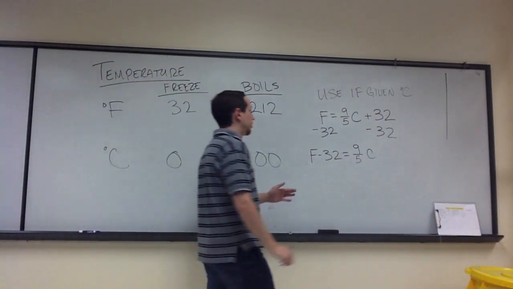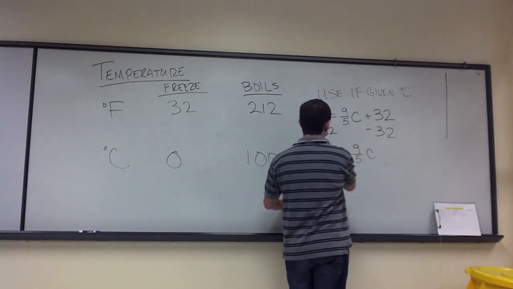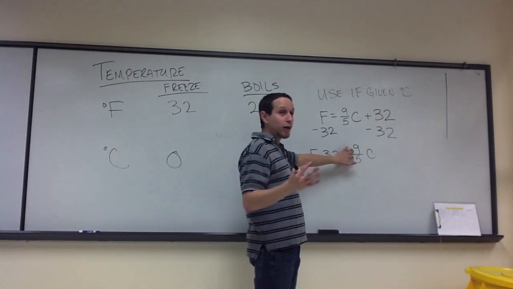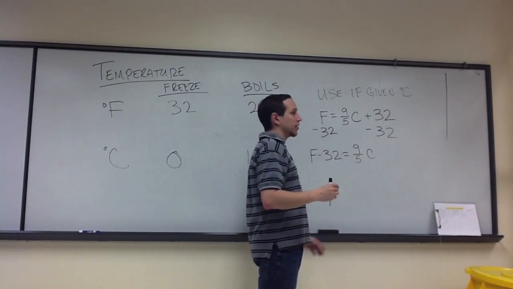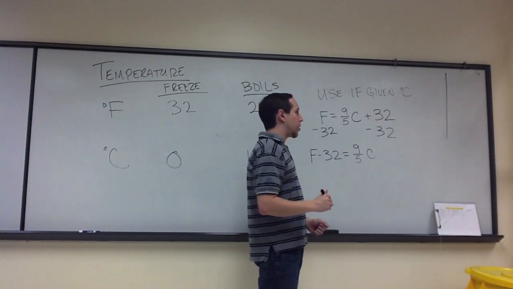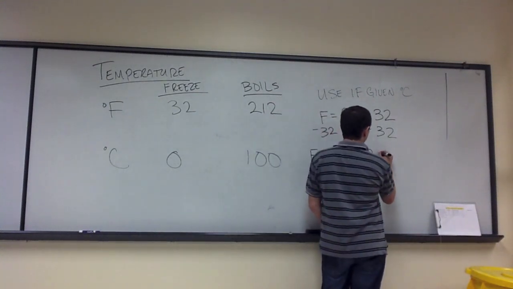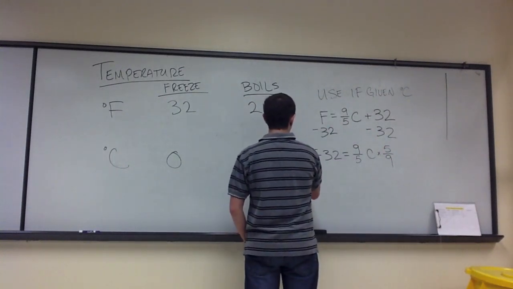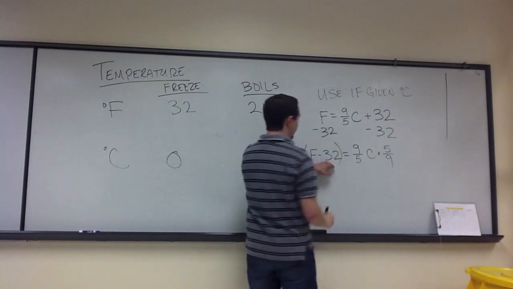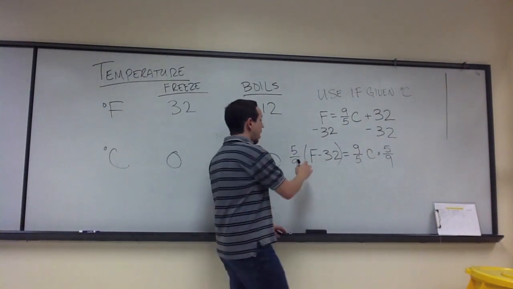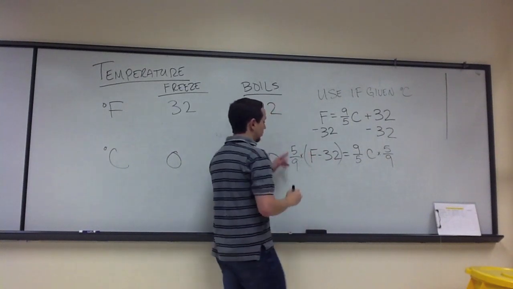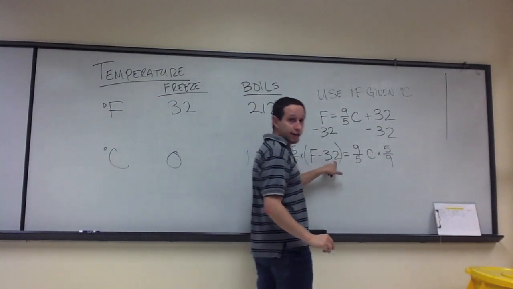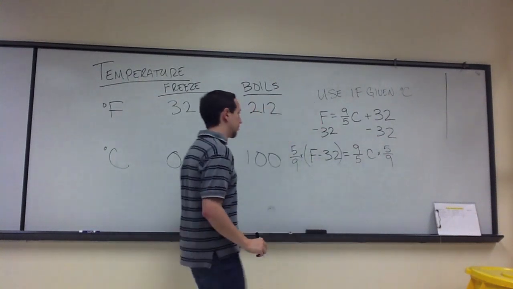Now, all I need to do is get this 9/5 out of here and onto this side. Anytime you're dealing with a fraction, to get rid of it on one side, or at least to simplify it on one side, you're going to multiply by its reciprocal. So I'm going to multiply by 5/9 on both sides. Okay? Now, because this side of the equation was F minus 32, I have to put that in parentheses when I'm multiplying by 5/9, because that 5/9 is not only multiplied by the degrees Fahrenheit, it's also multiplied by that minus 32.